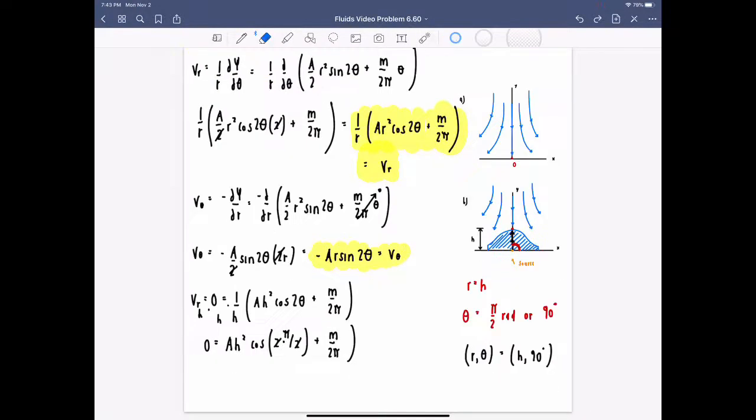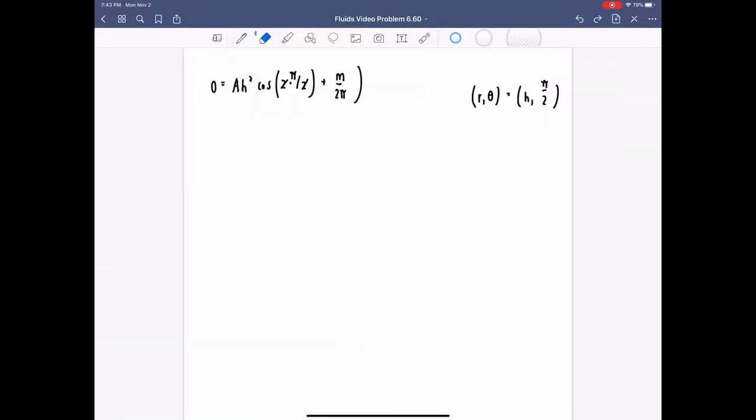After we simplify this a little bit further, down to a h squared times the cosine of pi plus m over 2 pi, you're going to get 0 is equal to, the cosine of pi would be negative 1, so you're going to end up getting negative a h squared plus m over 2 pi.